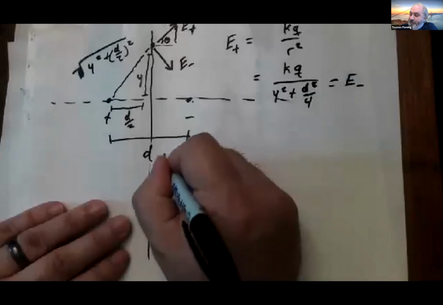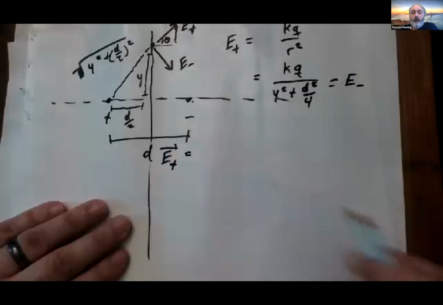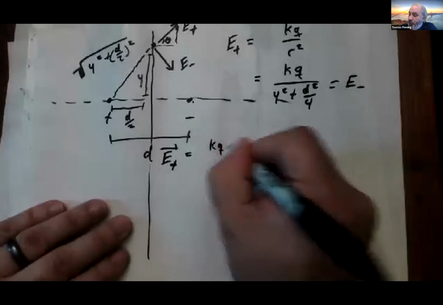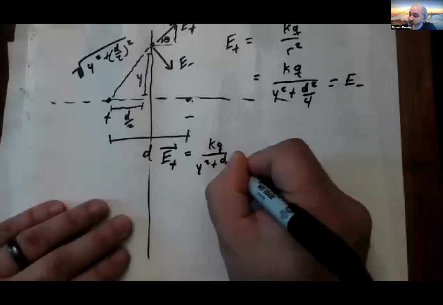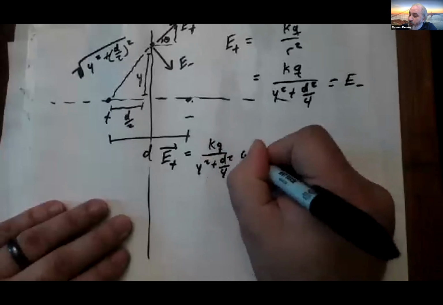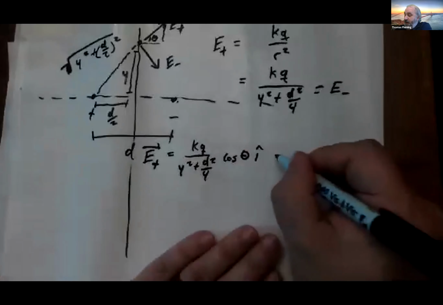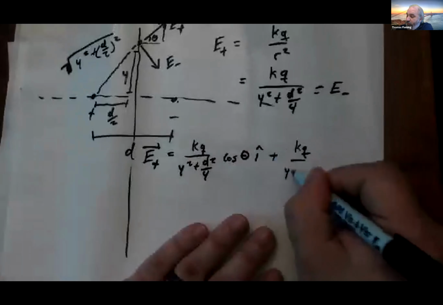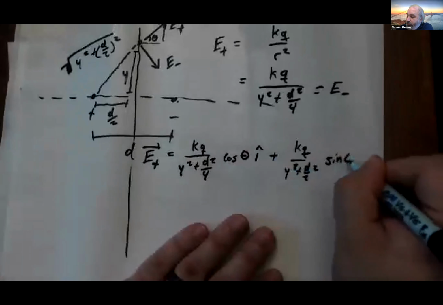So if I take E plus and I break it into component form, that's going to be KQ over y squared plus D squared over 4 cosine of whatever theta is in the i hat direction, plus KQ over y squared plus D over 2 squared sine theta in the j hat direction.